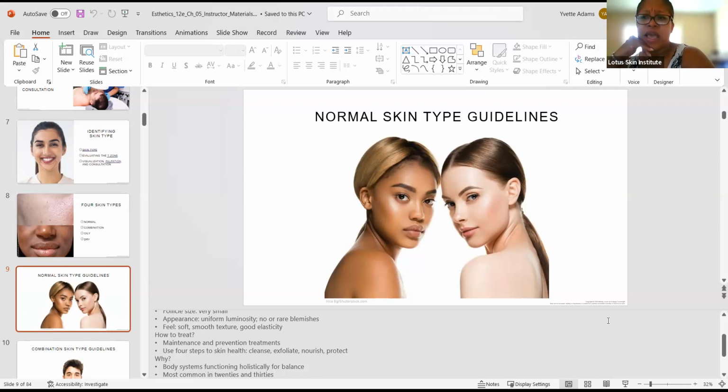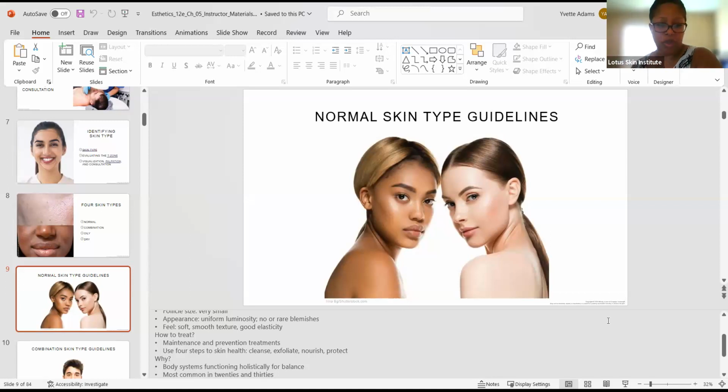But at the end of the day, it's keeping their skin cleansed on a daily basis, exfoliating 2 to 3 times a week, depending on the treatment, keeping their skin protected on a daily basis, and then nightly treatment serums. So depending on what you're treating them for, give them those treatment serums to put on at night. We treat at night, we protect during the day, right? We cleanse both times.